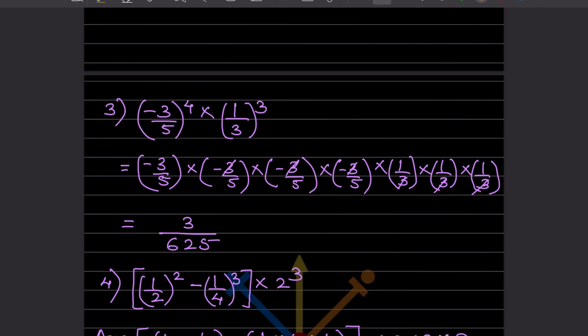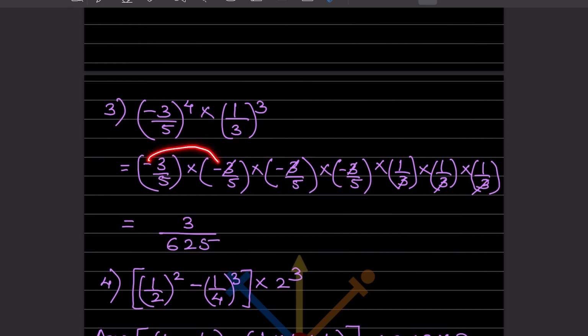This 3 and this 3 get cut, this 3 and this 3 get cut, this 3 and this 3 get cut. Here it is 4 times, which is an even number, so wherever you see this negative 1, 2, 3 and 4, it is going to be positive 1. After cutting, only 3 remains.